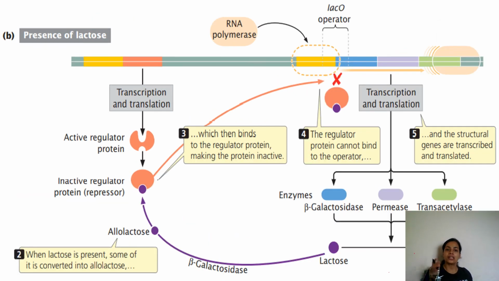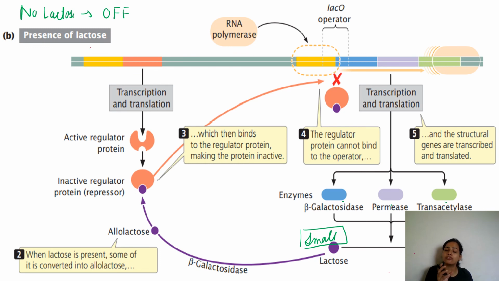Okay. Now you can have one question here. I have told you in the previous slides that when there is no lactose, the operon is said to be switched off. That means there is no beta galactosidase, no permease, and no transacetylase production. Then how come this small amount of lactose, which we are talking about, enters into the cell once lactose is present in the media?